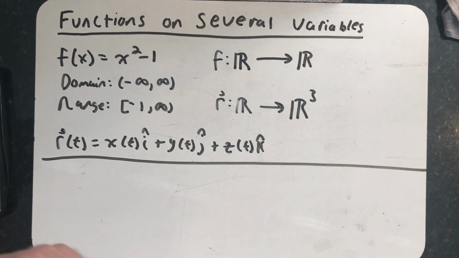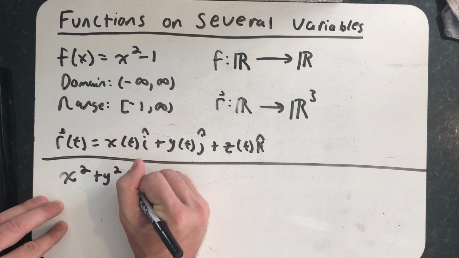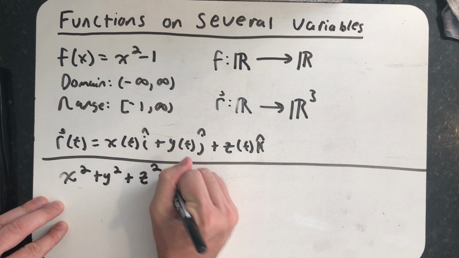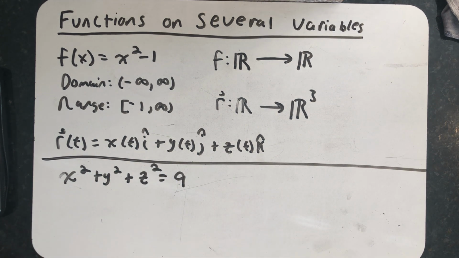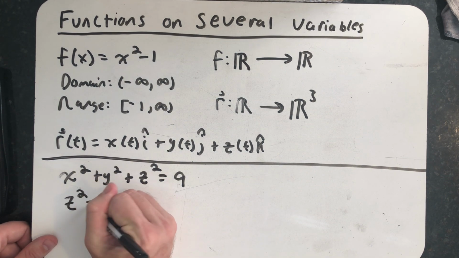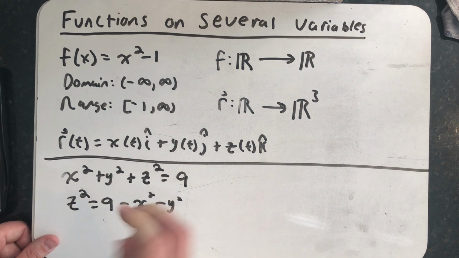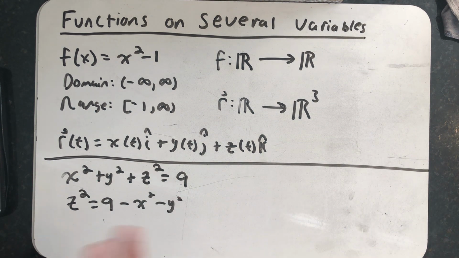So let's just take something we're familiar with. Let's look at a sphere centered at the origin of radius 3. x squared plus y squared plus z squared equals 9. And let's get z by itself. So take the x squared and the y squared away from both sides, and I'm looking at z squared is equal to 9 minus x squared minus y squared, and now I need to take a square root.